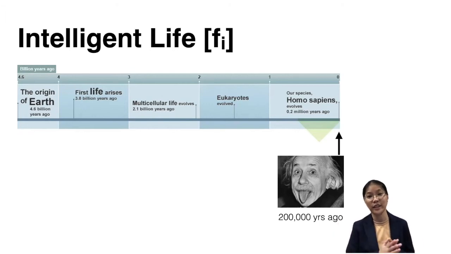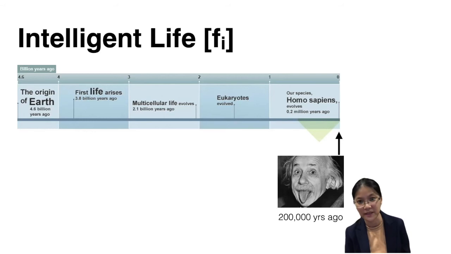If we think about the Earth calendar that starts January 1, with the formation of the Earth and the beginning of life, and we look at when our species showed up, it's actually in the final half hour before midnight of the last day of the year, December 31st. So evolution takes a long time compared to our human lifetimes.